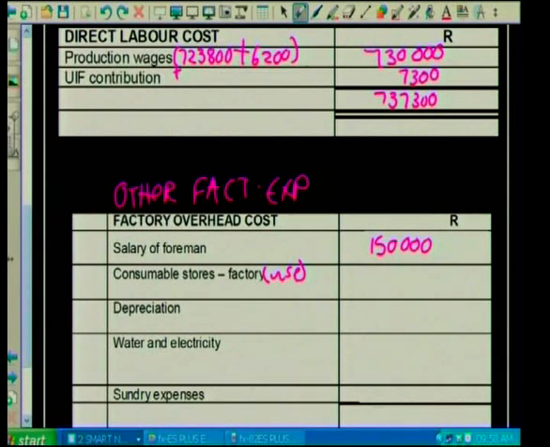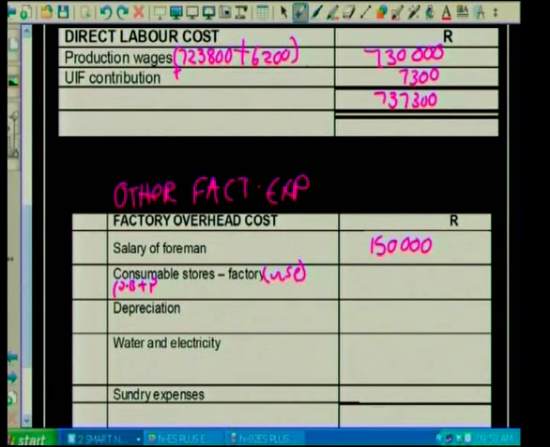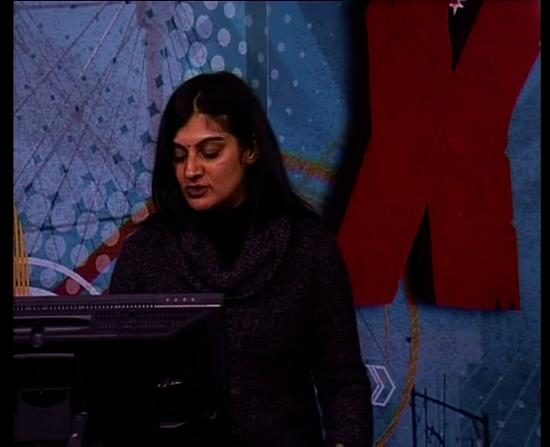Now, in order for me to calculate my consumable stores that were used in the making of the shoes, I'm going to give you guys a very simple formula that will work with more or less almost any question.